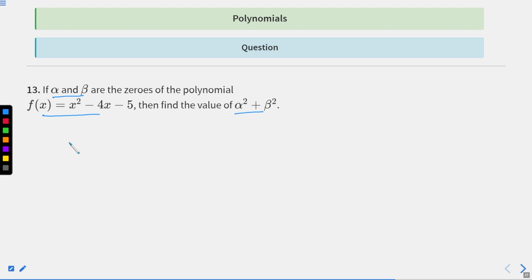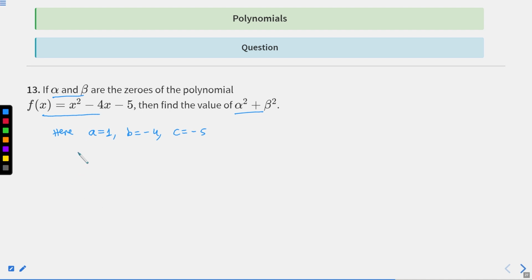Okay, so here if we compare this quadratic polynomial with the general form of a quadratic polynomial ax square plus bx plus c, then for this quadratic polynomial a is equal to 1, b is equal to minus 4 and c is equal to minus 5. Okay, and alpha and beta are the zeros of this polynomial.